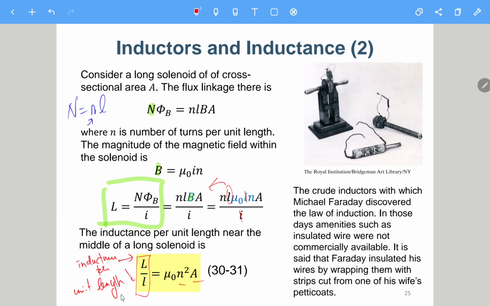But if we consider the inductance in a unit length, we can increase the number of turns in a unit length. We try to pack more turns in unit length. Another point is we can also increase the cross section area, making it larger. So it really makes sense.